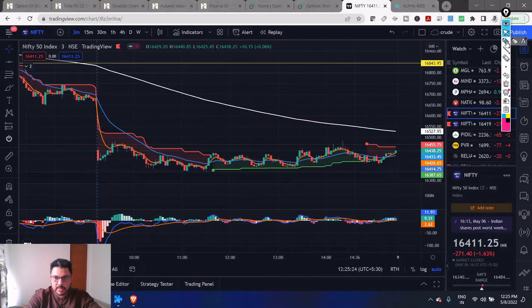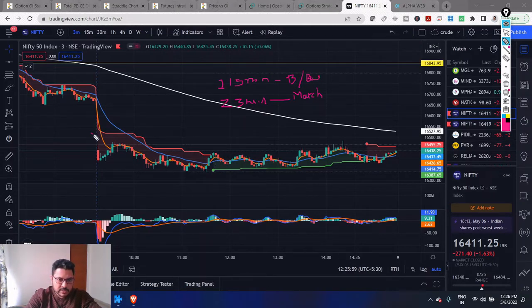Always remember rule number 1, 15-minute super trend has to be bearish or bullish, whatever it is. Then number 2, 3-minute super trend has to match 15 minutes.